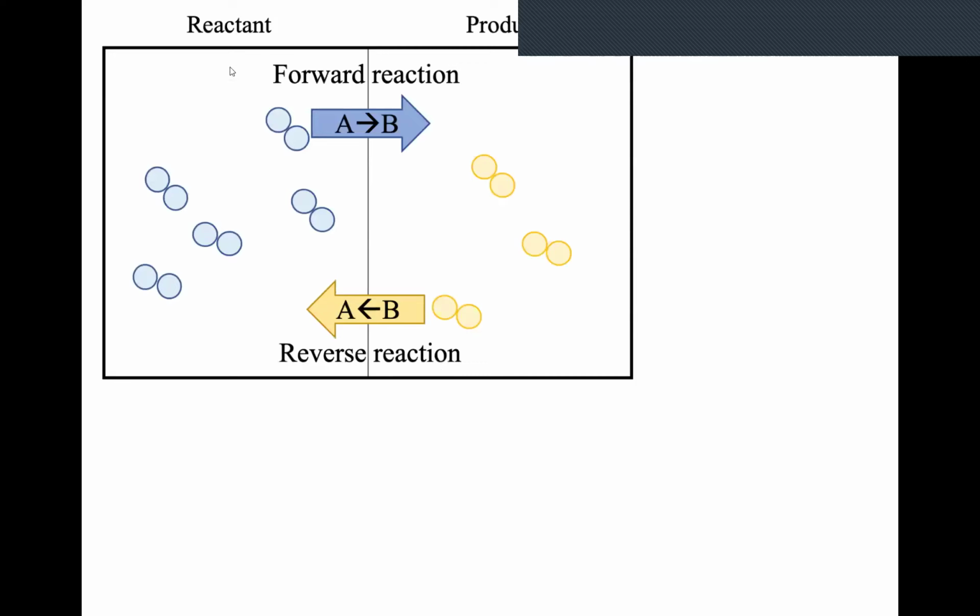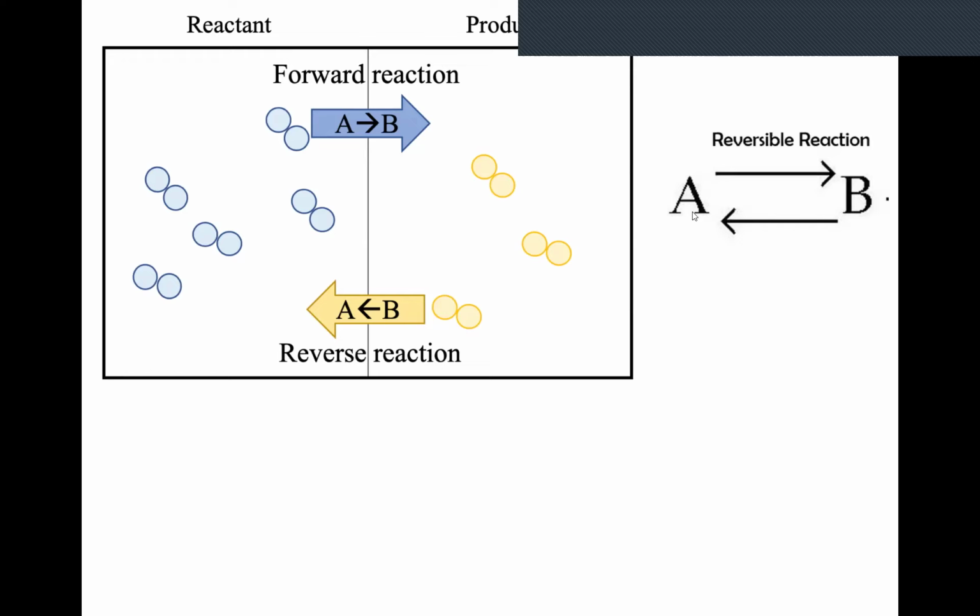If our reaction is A yields B, we write the forward reaction with A on the left side and a reaction arrow pointing from left to right and B on the right side. But when we say the reverse reaction, we're talking about the products becoming reactants, B yielding A. Sometimes we write this with a double-sided arrow, showing an arrow going both left to right and right to left.